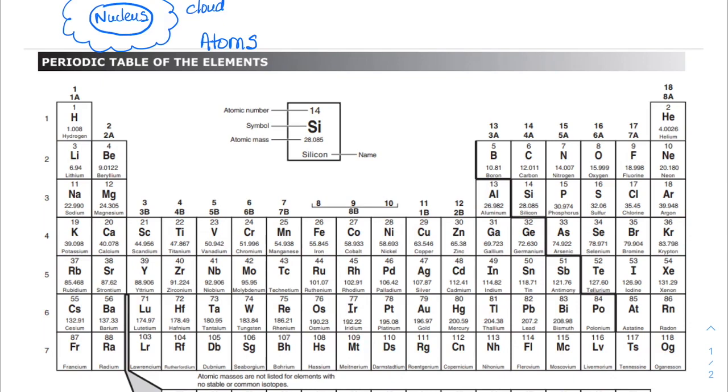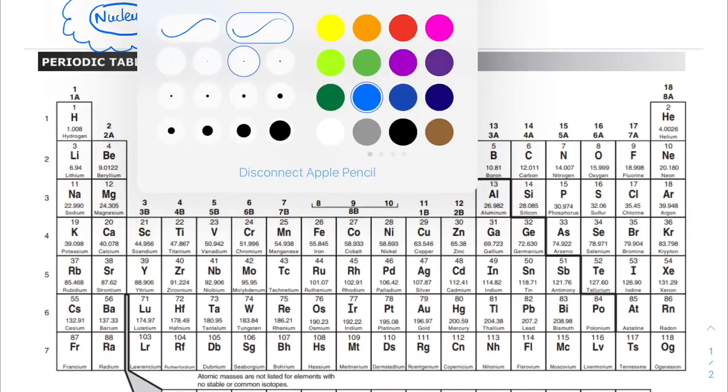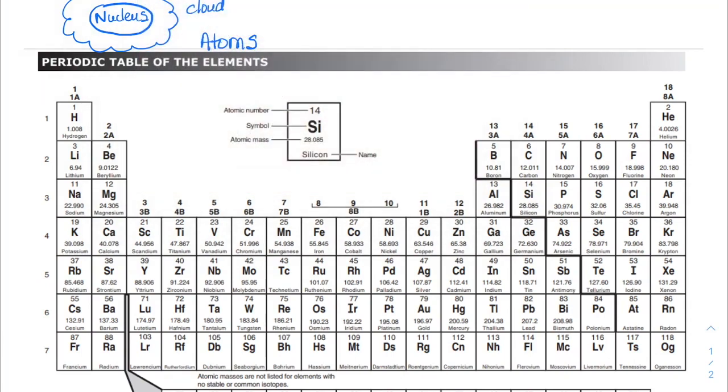electron cloud. Now, to get a little more specific with what we just said, let's go ahead and make ourselves a different kind of atom model that shows we know what goes in that nucleus and that electron cloud. So I'm going to switch colors just to distinguish it. So for my nucleus, I'm going to put a P and a plus for positive protons. And then I'm going to put an N and a 0 for neutral neutrons.